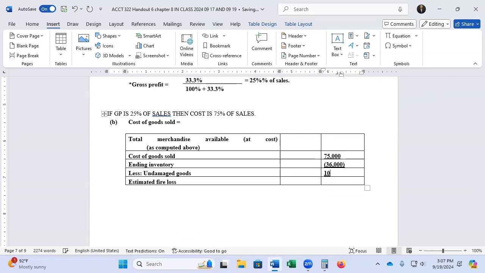Less undamaged goods, 10,900. And so the estimated fire loss of 20,100, 25,100, I'm sorry. Any questions?